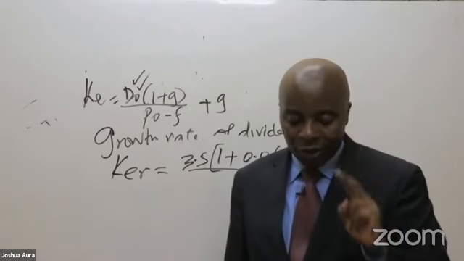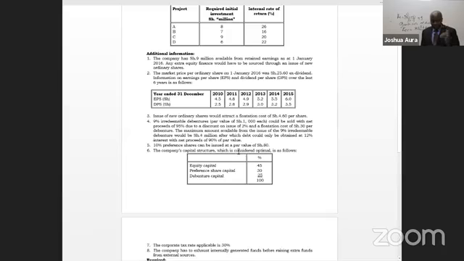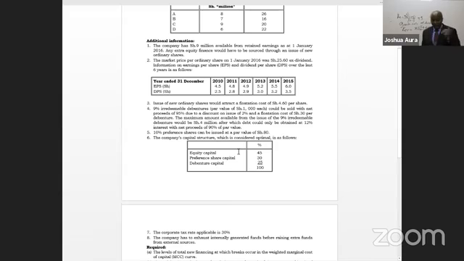In note number 2, they have told us the market price per ordinary share on 1st January 2016 was 25.6.